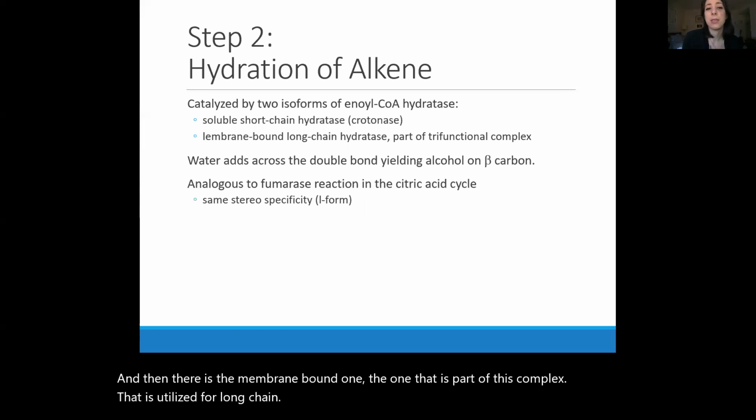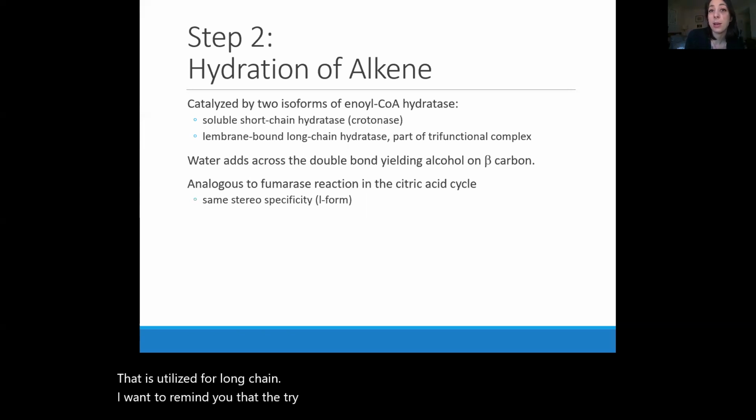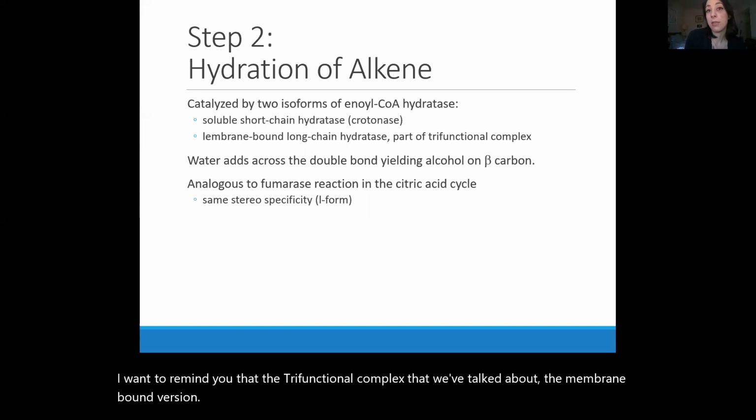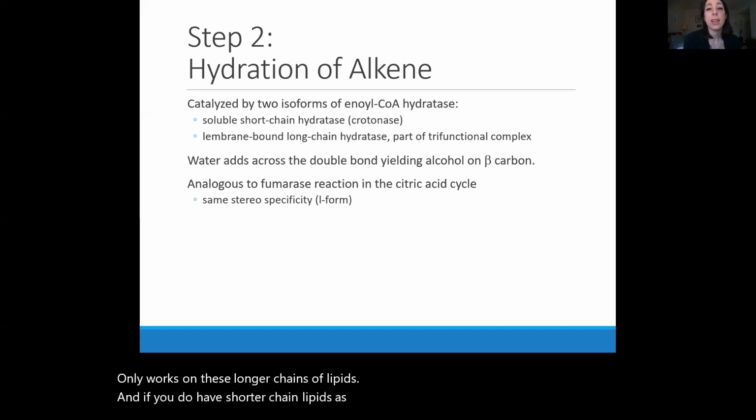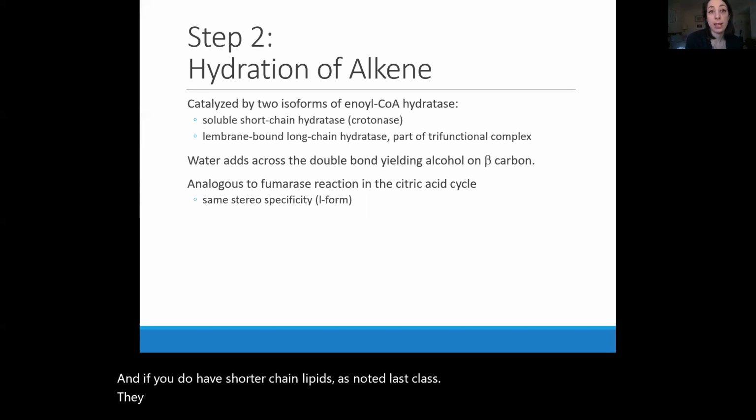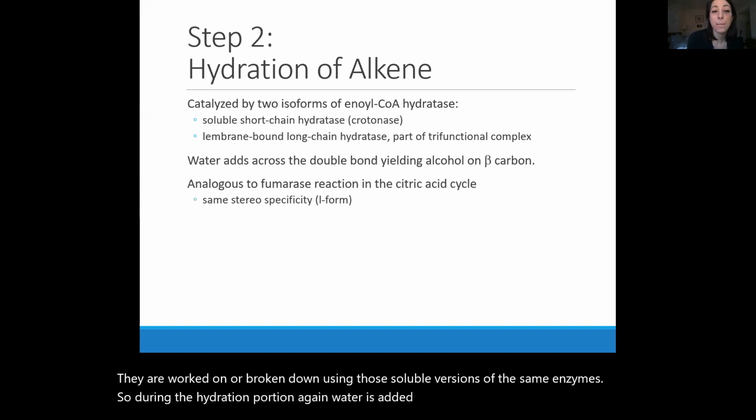I want to remind you that the trifunctional complex that we've talked about, the membrane-bound version, only works on these longer chains of lipids. And if you do have shorter chain lipids, as noted in last class, they are broken down using those soluble versions of the same enzymes. So during the hydration portion, again, water is added on the beta carbon, yielding an alcohol.